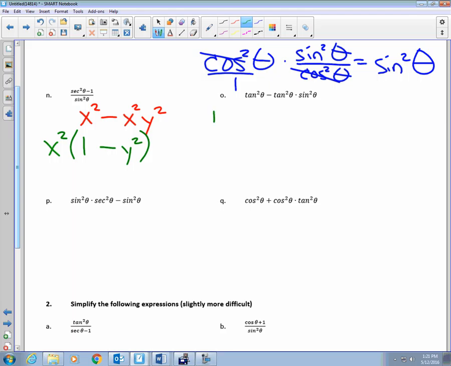So, what do these two terms share in common? They have a tangent squared, correct? I'm going to take it out. So what are you left with here? 1 minus, what are you left with here? Sine squared.